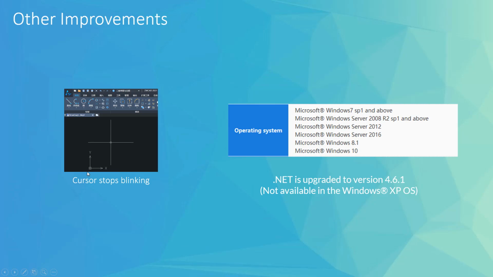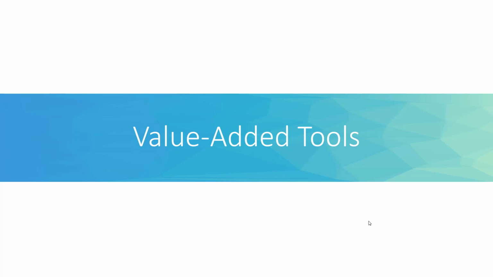And when you move the cursor, it no longer blinks, compared with the previous version. And .NET is upgraded to a new version. So that's all for the new features and improvements in this version.